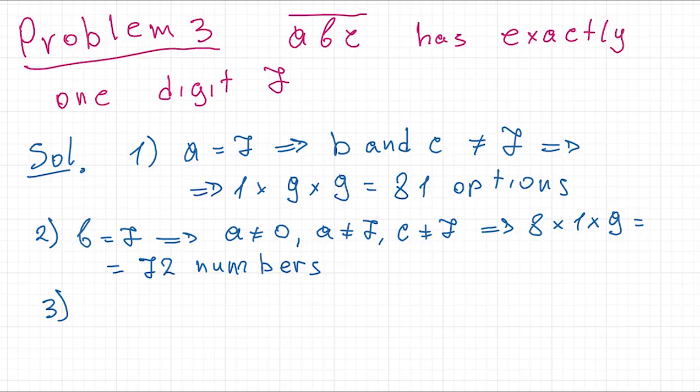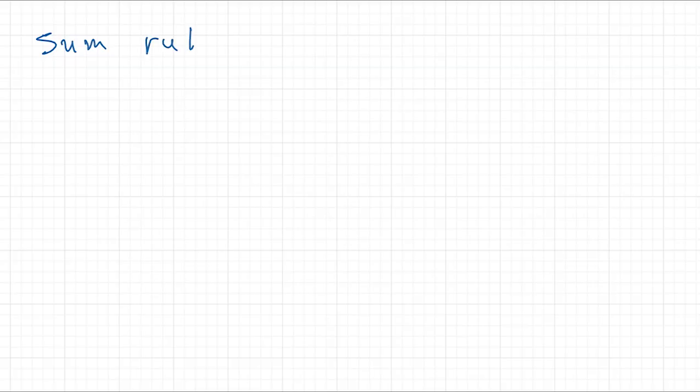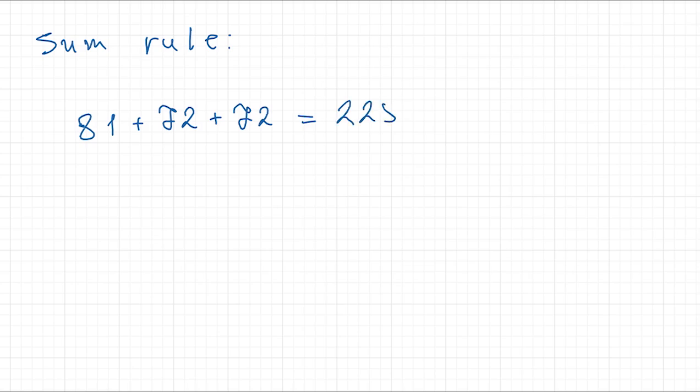Finally, if 7 is in the third position, C is equal to 7, then A is not equal to 0, A is not equal to 7, and B is not equal to 7. So we get 8 times 9 times 1, that is 72 possible numbers. By the sum rule, the total is 81 plus 72 plus 72, that is 225. That's the answer.